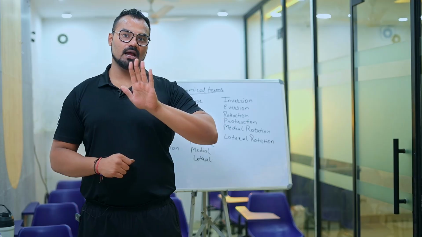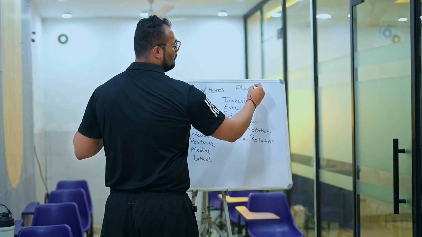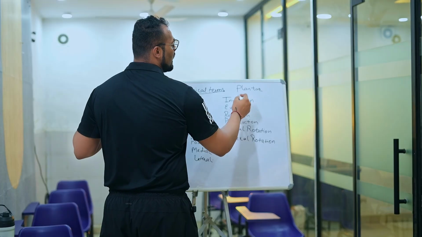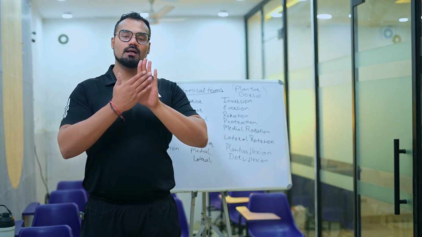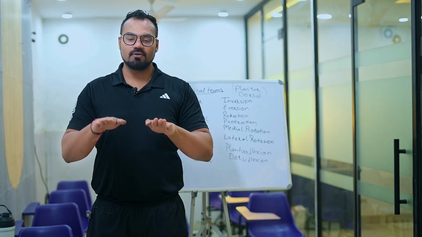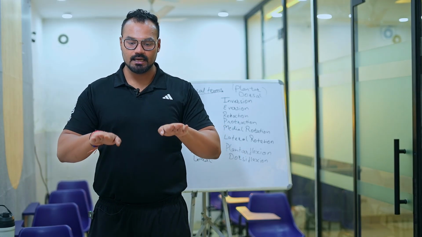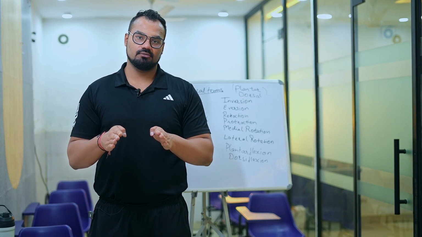Plantar surface, I'll write it down for you. This is your plantar surface and the other is the dorsal. So plantar is this area and dorsal is this area. If I move the plantar area inside, that is your inversion.